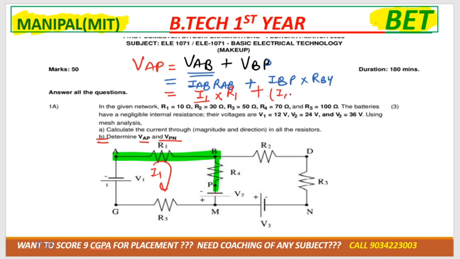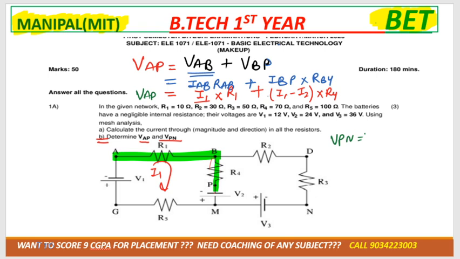IBP is again in the middle branch, and as you know, in the middle branch there is a flow of double current, so it would be (I1 minus I2) multiplied by R4. So this is how we can get the value for VAP. Now you tell me, how can we get the value for VPN? So how can we get VPN?